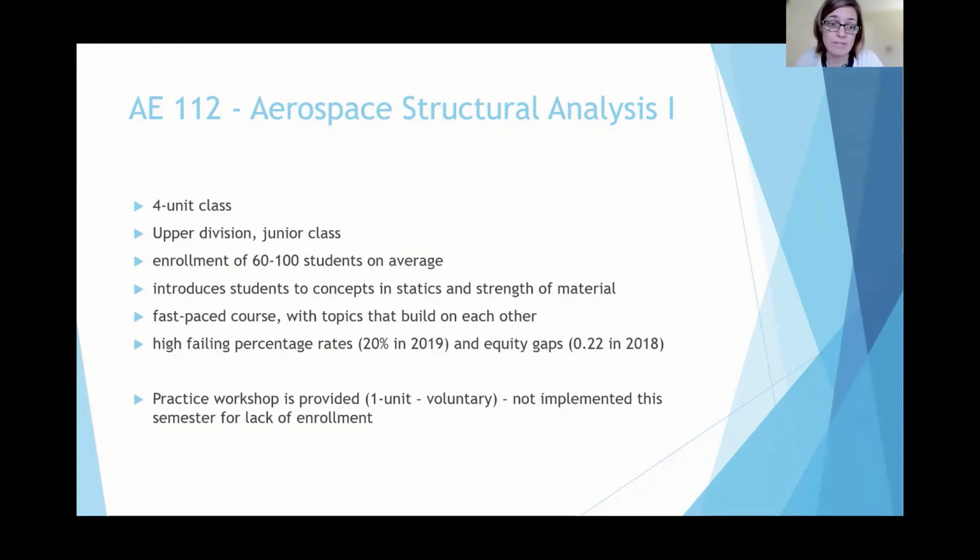In the past, we have seen some high failing rates and equity gaps that actually vary from year to year. In addition to the 4-unit class, we offer the student the option to take an extra 1-unit workshop that up to this year has been voluntary, and we have not been able to implement it this semester because of lack of enrollment.